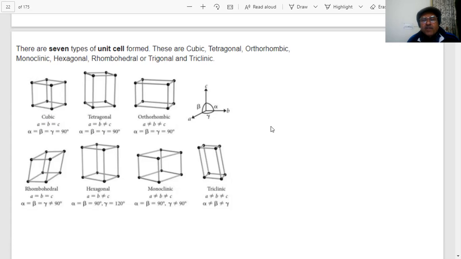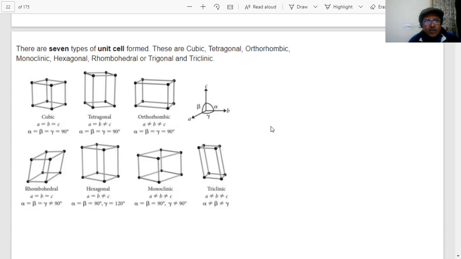So you have seen such names: rhombohedral, monoclinic, or triclinic. At that time, we told you that when we study solid state chemistry, we will be able to tell you more about these, what their structure is and how they look.